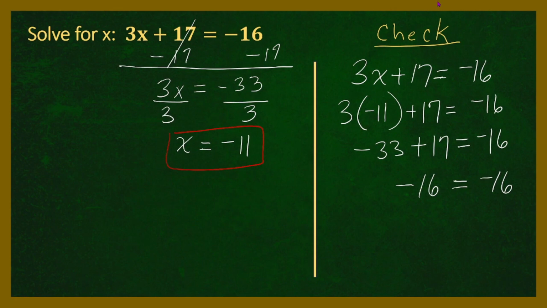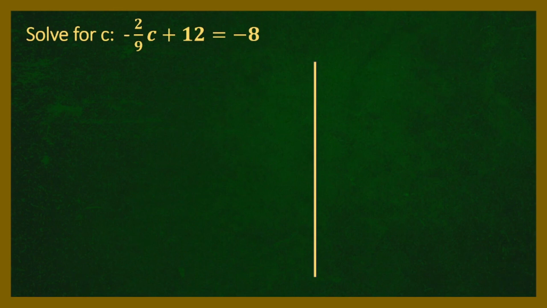Now we're going to move on to our next equation. We're going to solve for c. The equation is negative 2/9 c plus 12 is equal to negative 8.